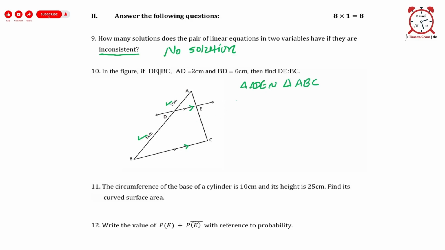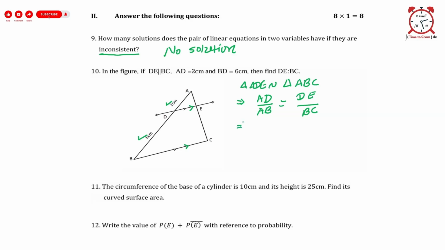So therefore AD upon AB equal to DE upon BC, and also AE upon AC, but that we are not writing here, not necessary.